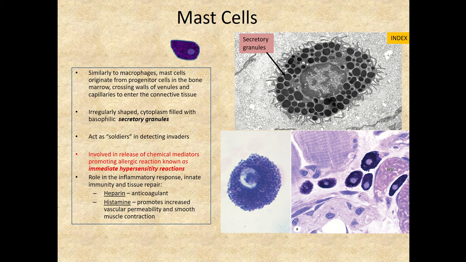And it can play a role in anaphylactic shock. So mast cells can release a whole bunch of histamine at one time, which can sometimes cause a problem if you're allergic to something, like shellfish or a bee sting. What happens is that the mast cells release all of their granules at once, and you can have anaphylaxis.